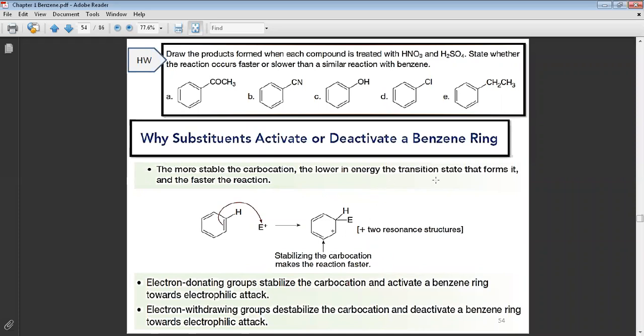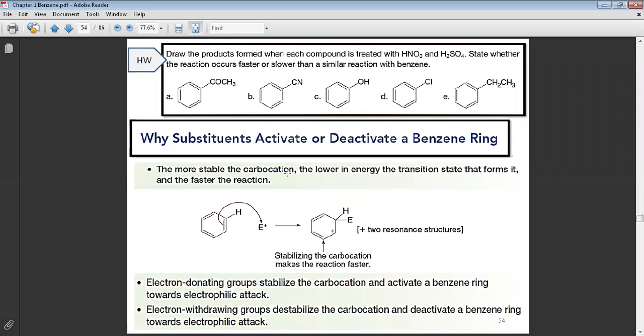If we say more stable, that means the energy will be less. If we say less stable carbocation, that means the energy of that carbocation will be high. Then the lower the energy of the transition state, the faster the reaction.